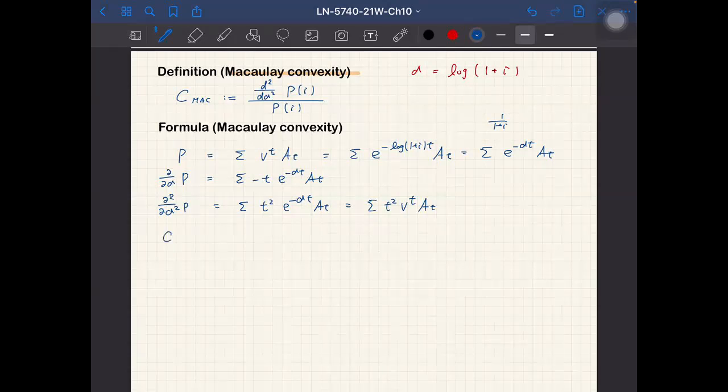So the Macaulay version of convexity is equal to P of i in the denominator, and the numerator is the summation of t squared v to the power t, A sub t. As a formula, this is simpler than modified convexity.